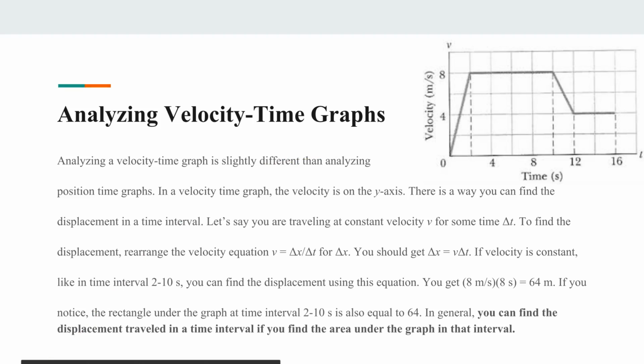Let's say you were traveling at a constant velocity v for some time delta t. To find the displacement, you rearrange the velocity equation v equals delta x divided by delta t for delta x. You should get delta x equals v delta t.